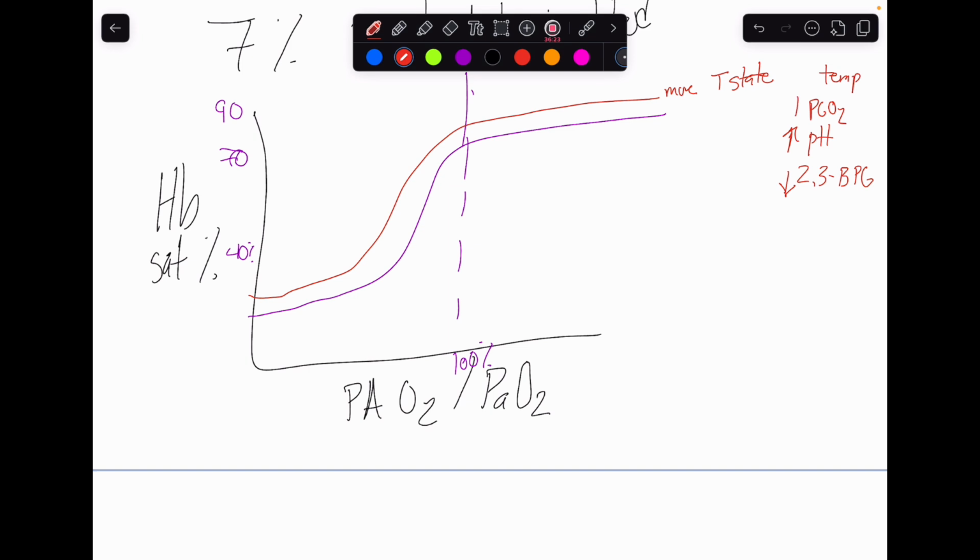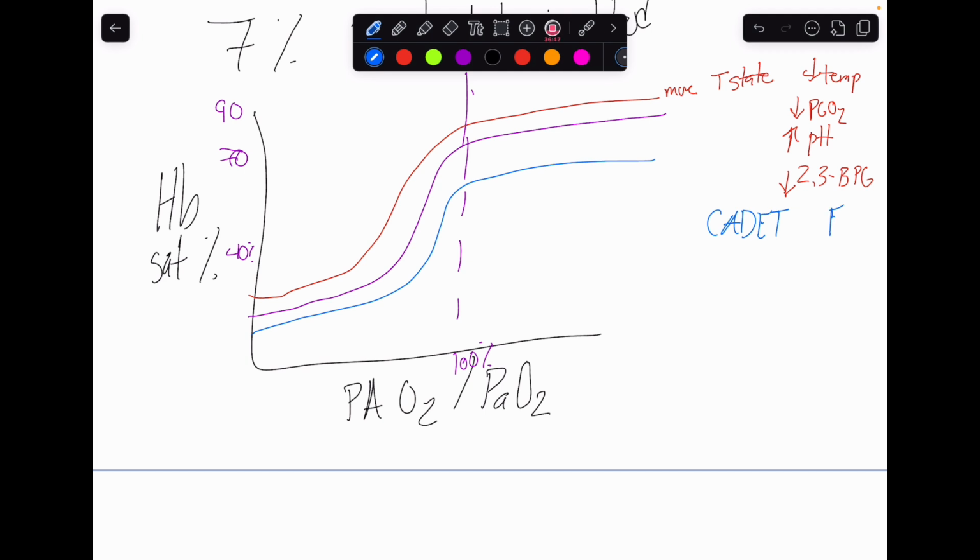So that's left shift. We'll have a right shift here in blue. Good, remember right shift is CADET, face right.